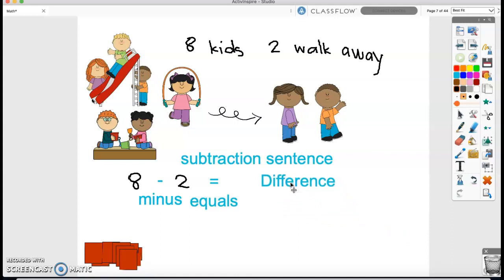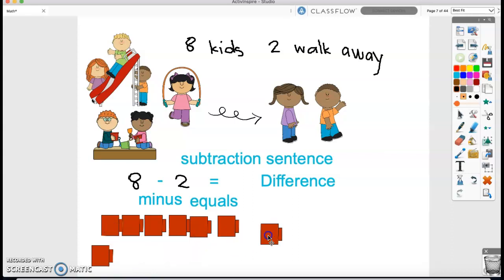And I can do this by modeling and drawing a picture. So I'm going to put 8 cubes out. 1, 2, 3, 4, 5, 6, 7, 8. So those stand for 8 of the kids. Now I know 2 walk away.